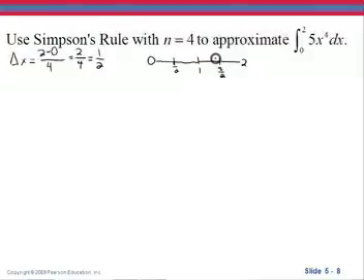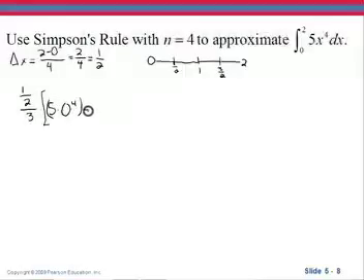Now to use Simpson's rule, we take our delta x, which is 1/2, and we divide it by 3. And then we plug in 0 into our function, so that's 5 times 0 to the 4th. That's our first one.